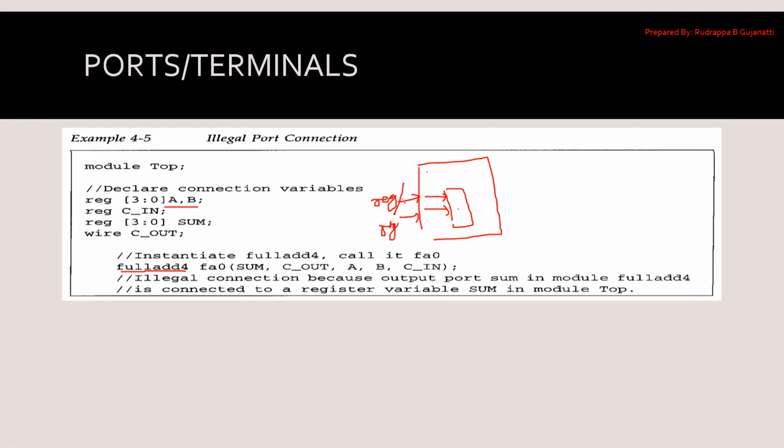But sum is being given from the full adder to the top module, so I cannot declare it as a register here. I have to declare it as a wire. That is the illegal statement present here. Cout is a wire, so it has no problem. But this is problematic since you are declaring it as a register data type.